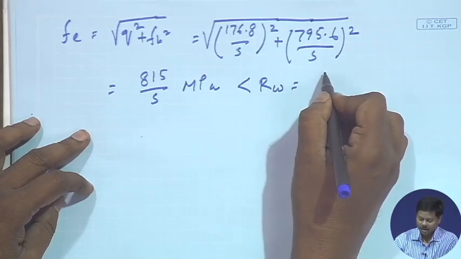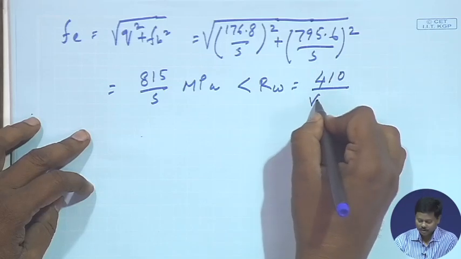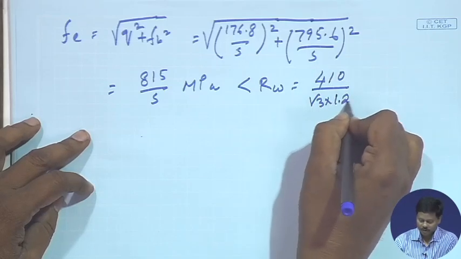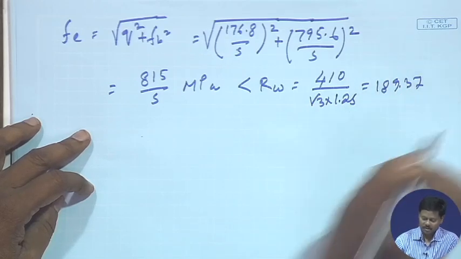Rw is Fu by root 3 gamma mw, that means Fu by root 3 into 1.25, that means 189.37.